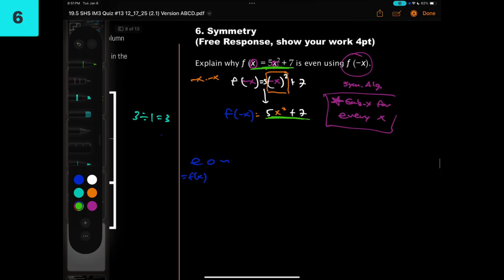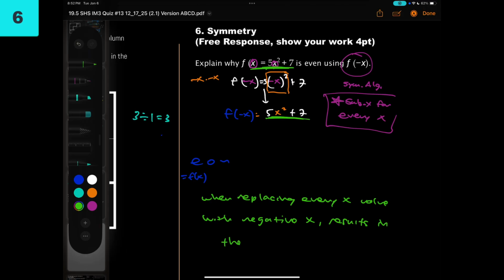So we can say when replacing every x value with negative x results in the original function, which means even symmetry.